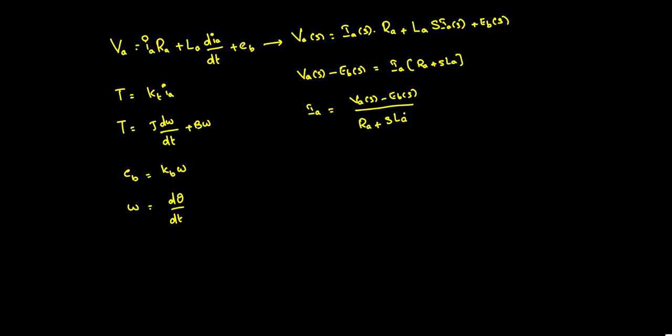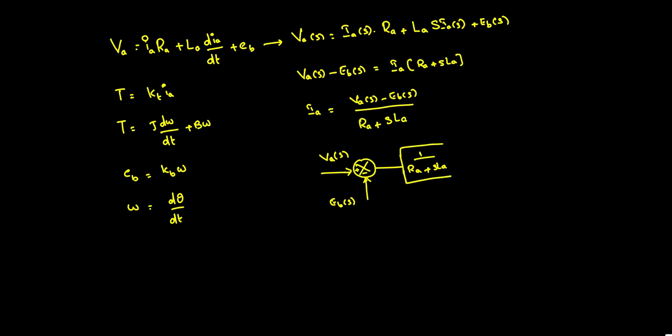Now our aim is very clear. We are giving input VA, and that VA is getting subtracted with the back EMF, that is EB of s, and that is coming out as 1 by RA plus s LA.